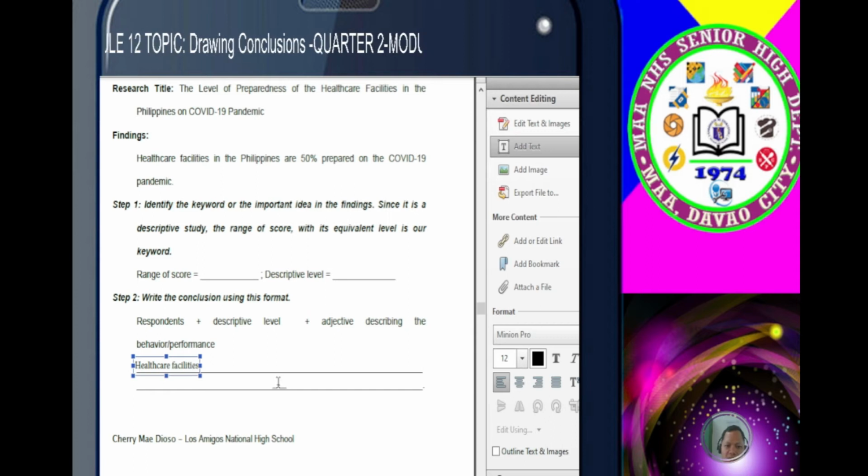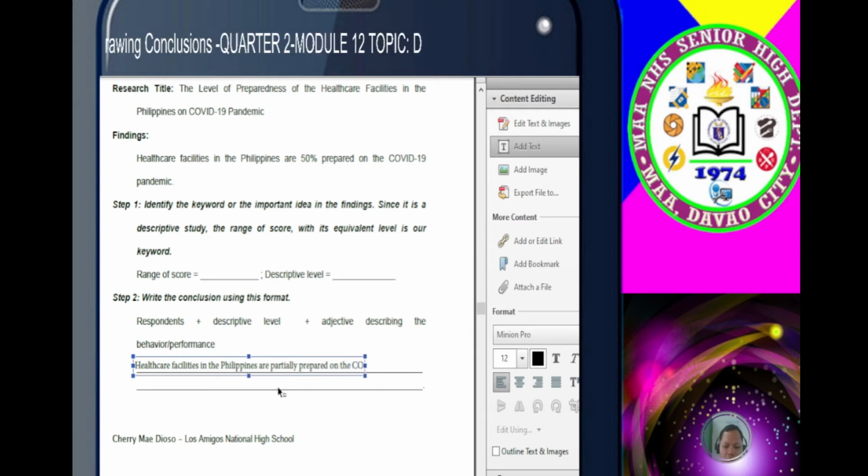Okay, healthcare facilities in the Philippines are partially prepared on the COVID-19 pandemic. Okay, so that is our conclusion.